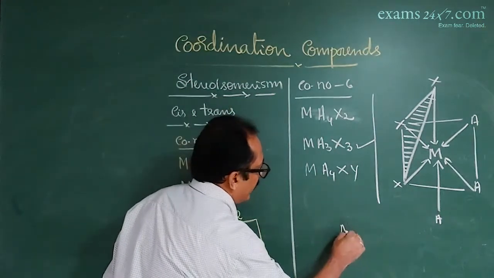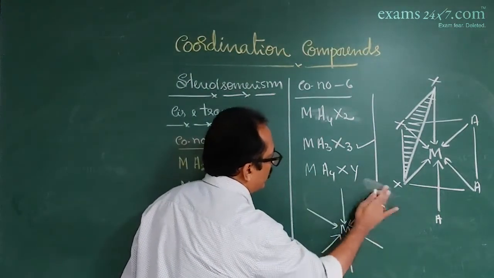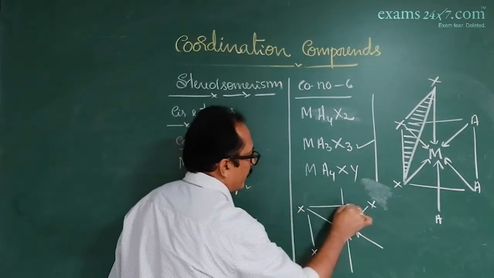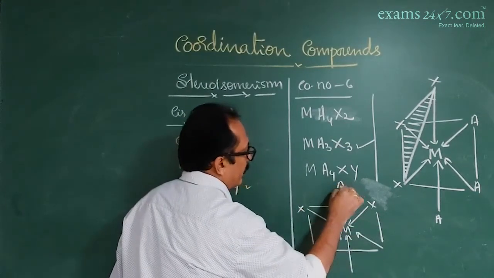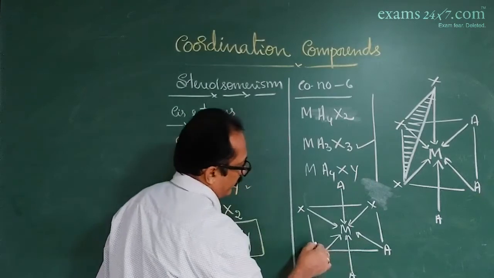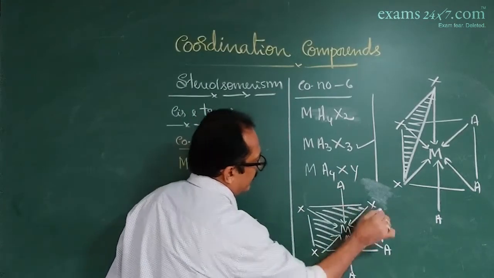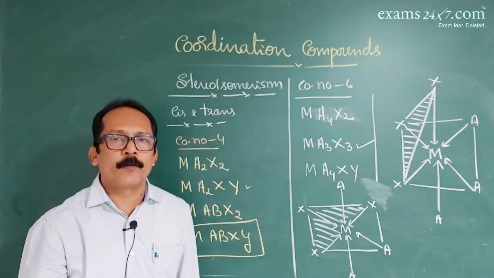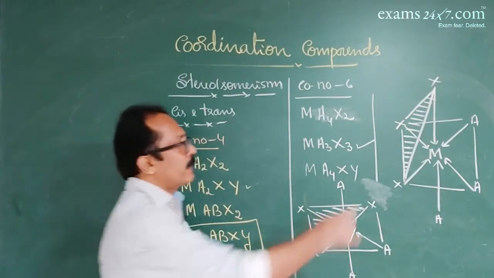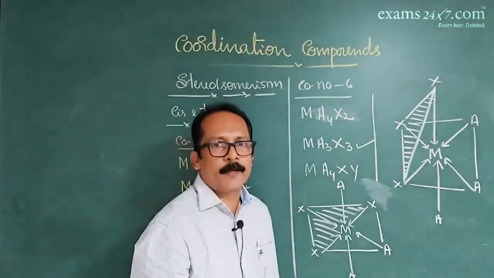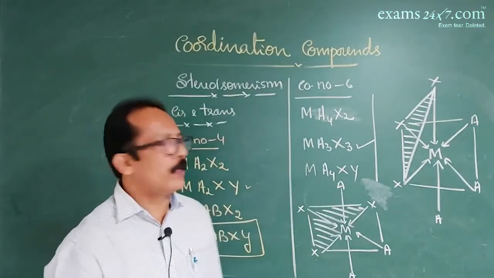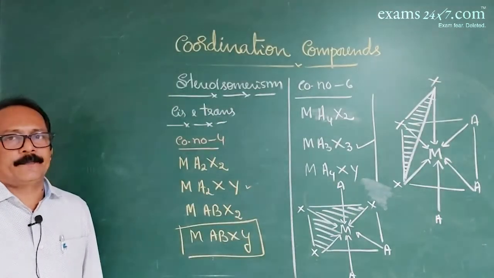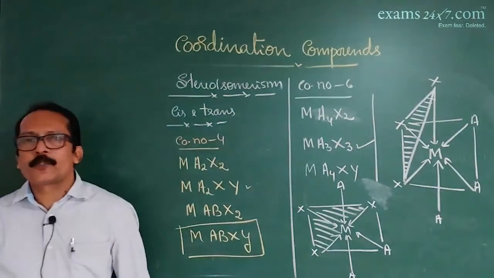Or if I write like this, with 6 coordinate bonds, X and X, ligand A and A, when you consider these X ligands, this leads to meridional isomerism. Meridional means the trans isomer. Here these are closer. So the cis isomer is facial and the trans isomer is meridional. It is observed in the case of complexes having the formula MA3X3.